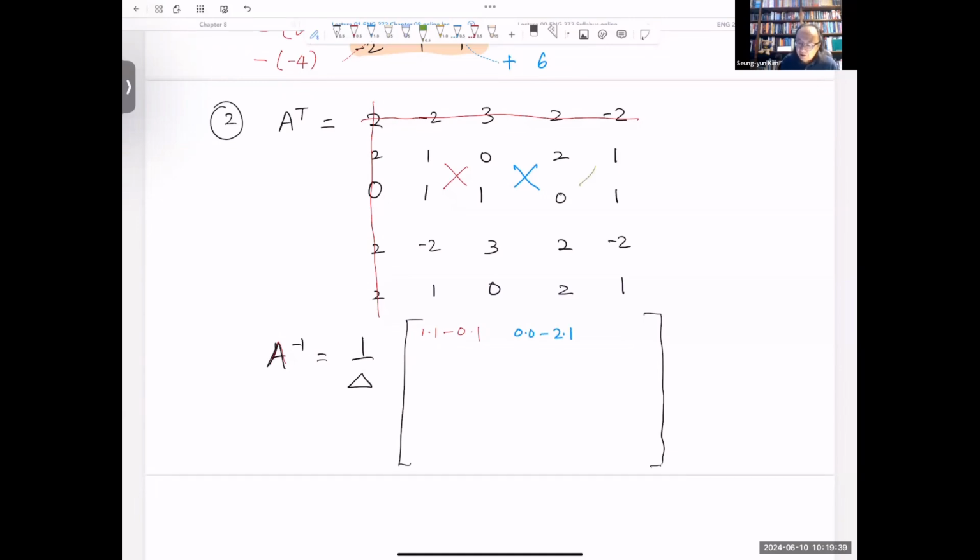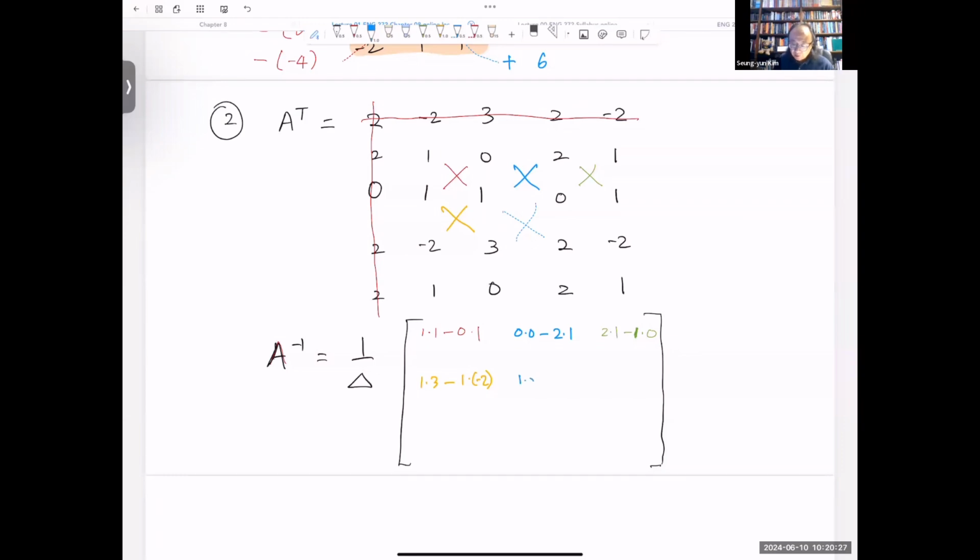First row, third column, AD, 2 times 1 minus BC, 1 times 0. Second row, as you can expect, we're going to go with this AD, 1 times 3 minus BC, 1 times negative 2.